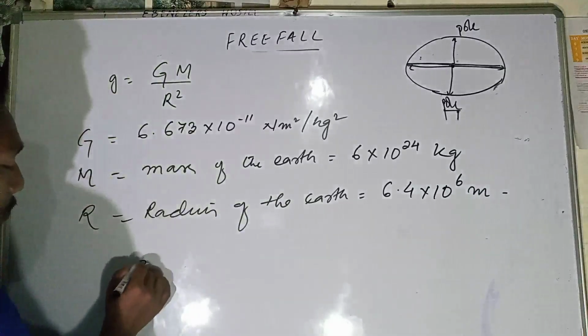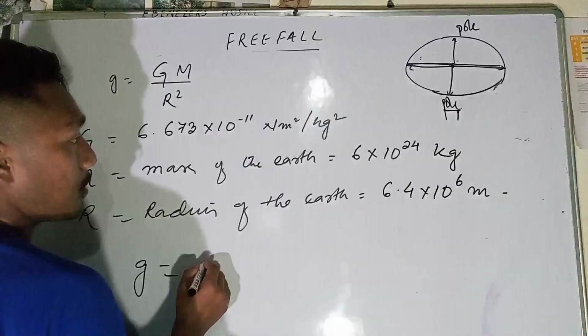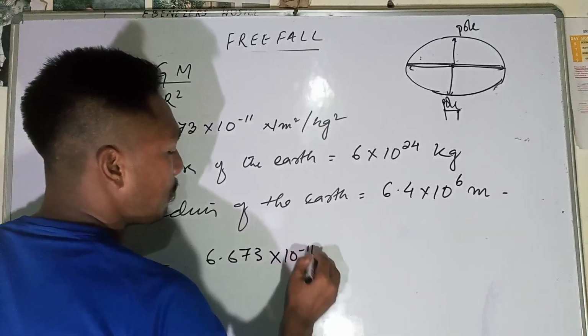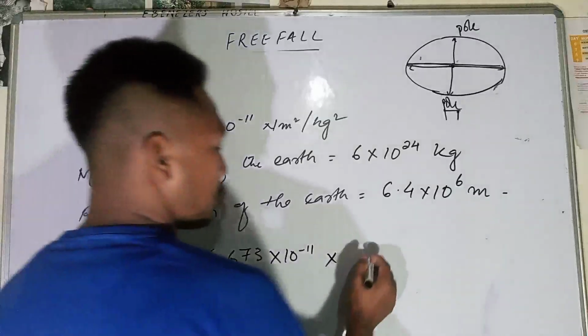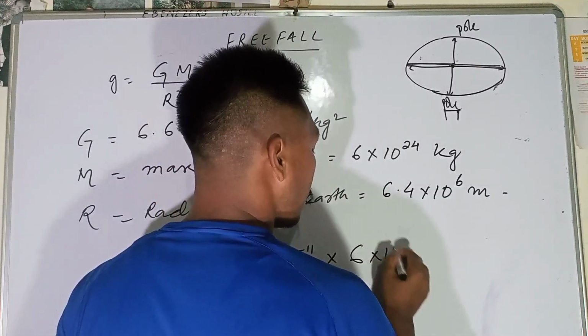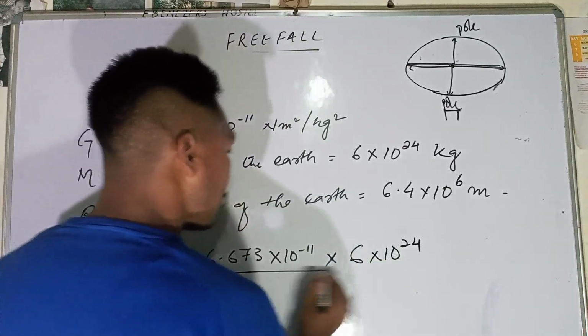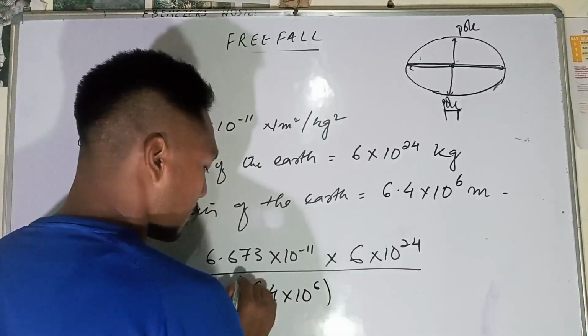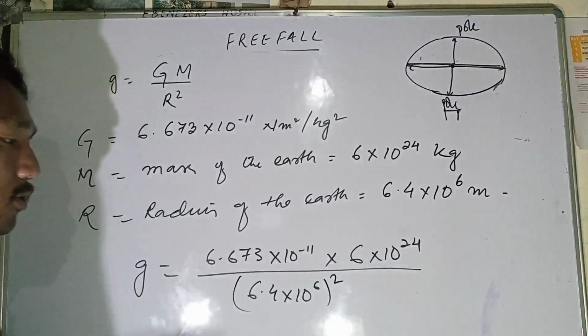Now if I put the values: G is 6.673 into 10 to the power minus 11, into M, which is 6 into 10 to the power 24 kg, divided by R, which is 6.4 into 10 to the power 6, squared.